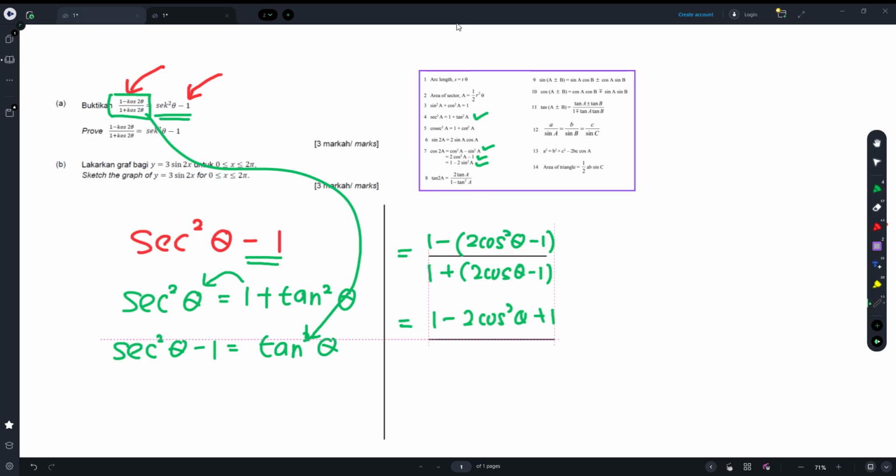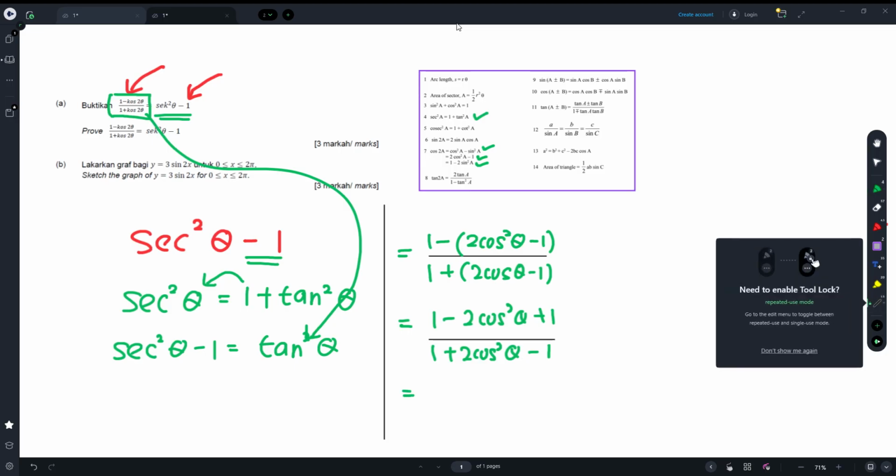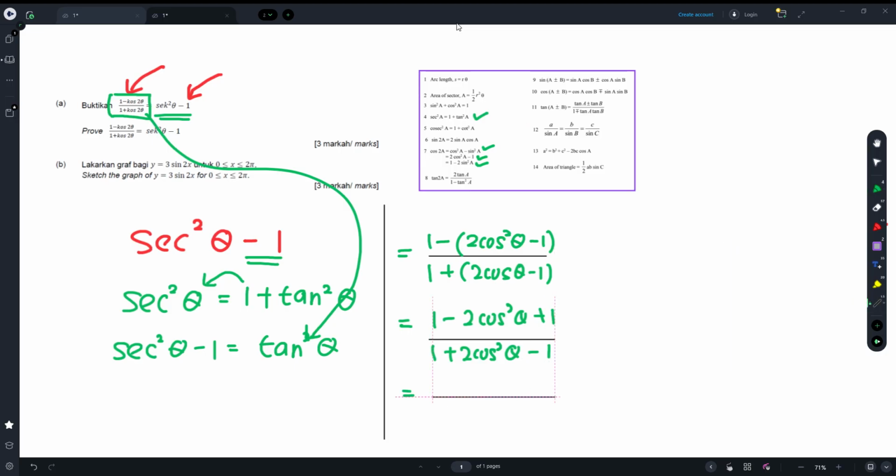At the bottom, we have 1 plus 2 cos square theta minus 1. We will continue from there. 1 plus 1 becomes 2, 2 minus 2 cos square theta, and then 1 minus 1 is 0, so you only have 2 cos square theta. That's how it goes, no problem.